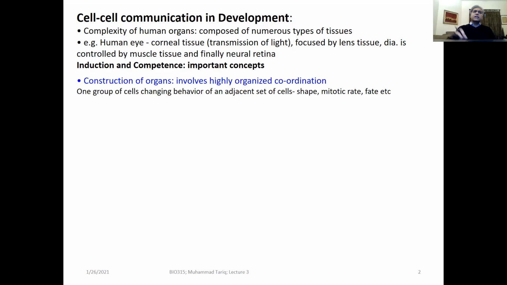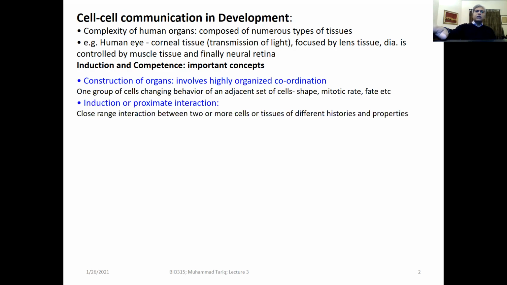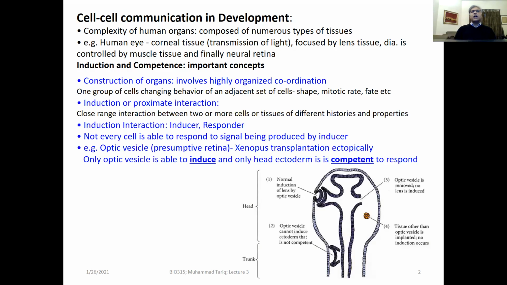And in this context, we have the example of the optic vesicle and optic cup in the formation of the lens and eye structure in frog.